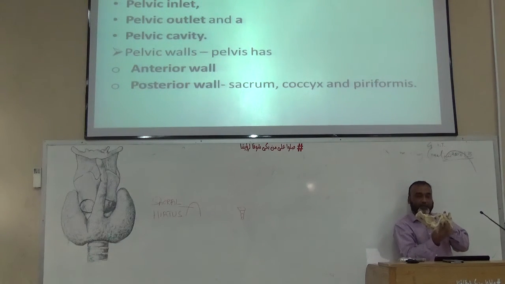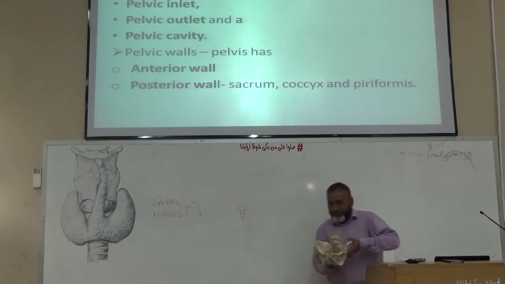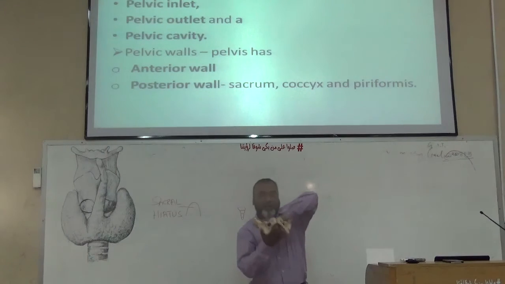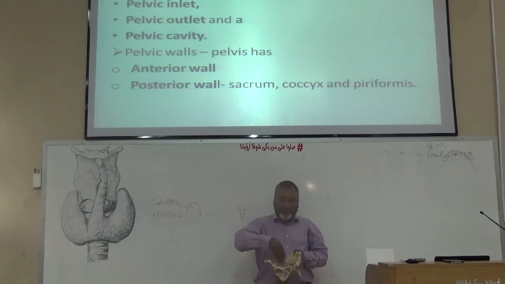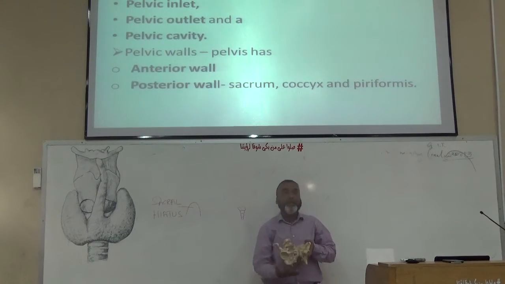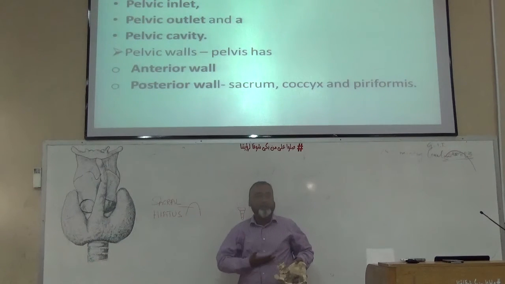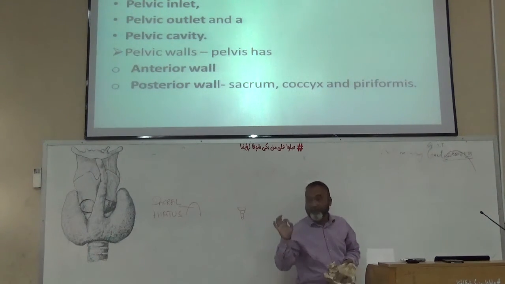Now, between these two areas we have the pelvic cavity. There are walls of the pelvic cavity: anterior wall, posterior wall, lateral walls, and below we have a diaphragm. Like in our abdominal cavity we have a diaphragm, here it is named the pelvic diaphragm.